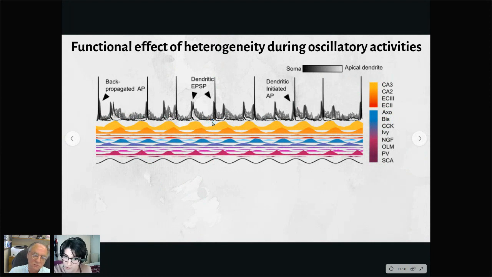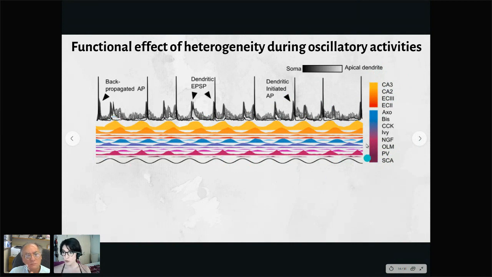Before I told you that most of the populations were theta modulated, meaning that they had a preferred phase. Here we can see, for example, the PB interneuron mostly fires in the descending part of the theta rhythm, as CA3 also does, different from CA2 that mostly fires in the trough.